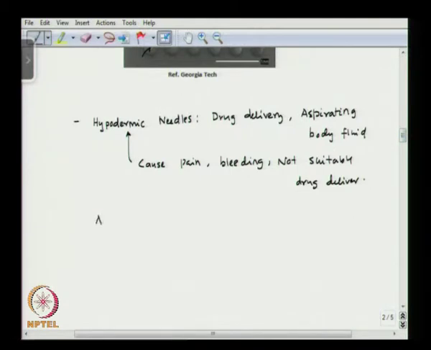Okay. So, the applications of microneedles are for painless drug delivery and closed loop stimulation.